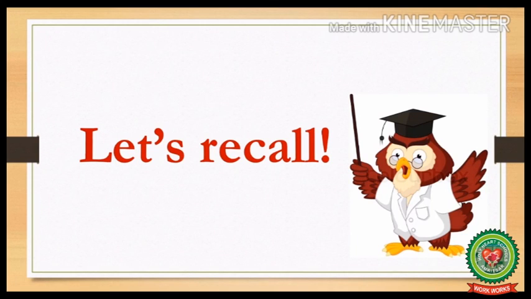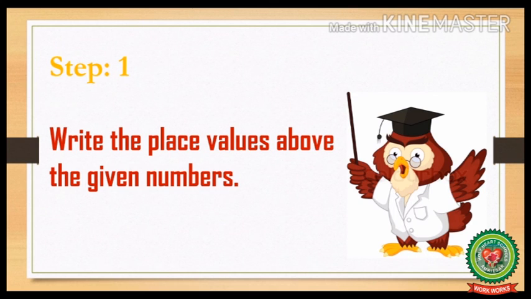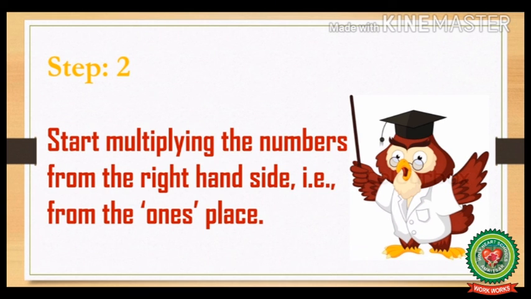Now let's recall what we have learnt today. We have learnt multiplication with 3-digit numbers. So let us revise the steps to multiply with 3-digit numbers. The first step is to write the place values above the given numbers. Step 2.